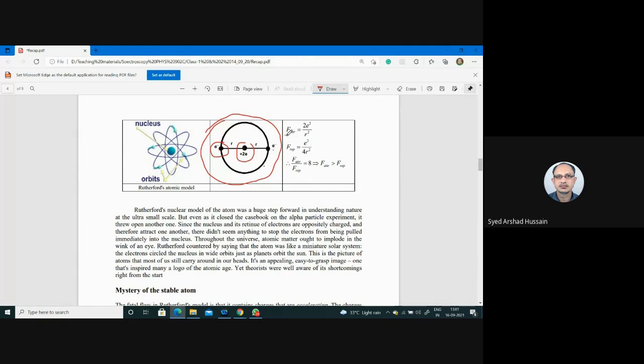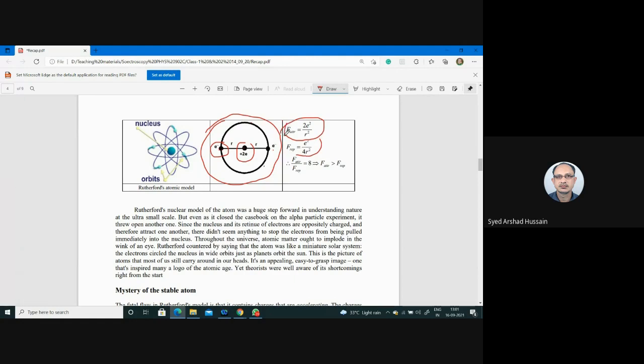If you analyze this force, the force of attraction is 2 square q1 q2 by r square, so 2e square by r square. And the repulsion is e times e by 2r whole square, that means e square by 4r square. This is the force of repulsion.